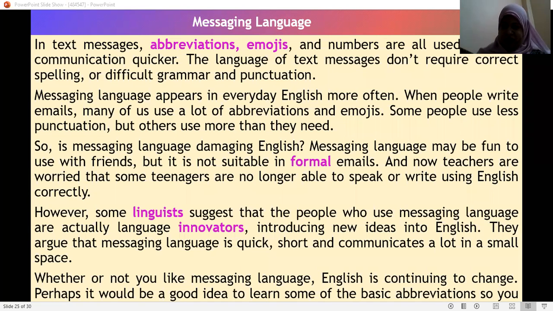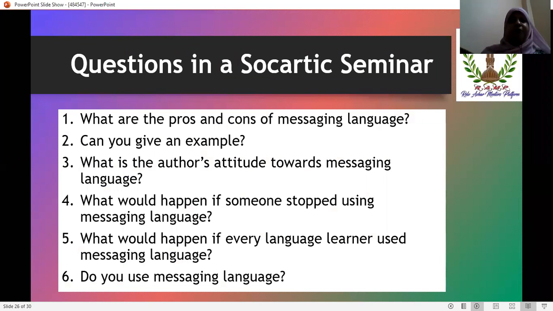It focuses on writing skill only. Okay, so you can build on these ideas together. You can get a question and build another question on it. I will show you my examples. Pros and cons. Give example.